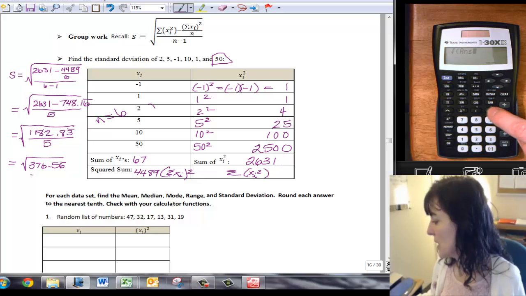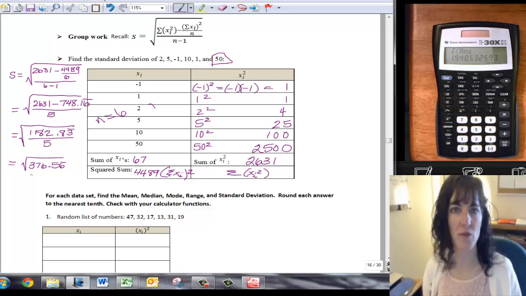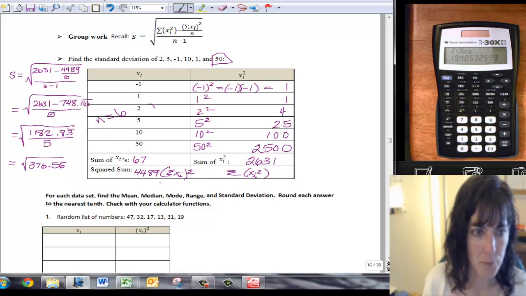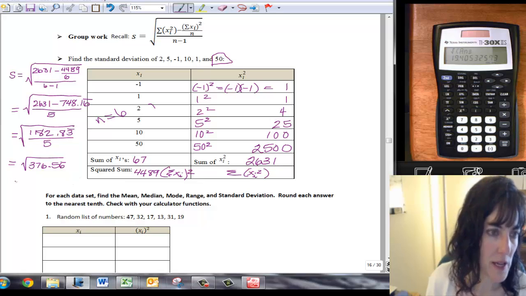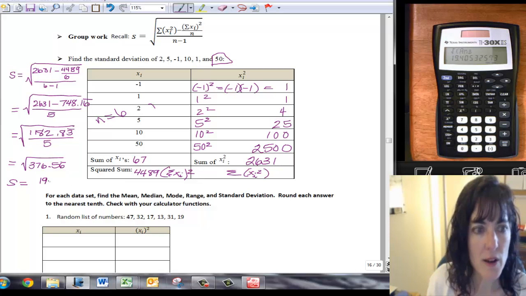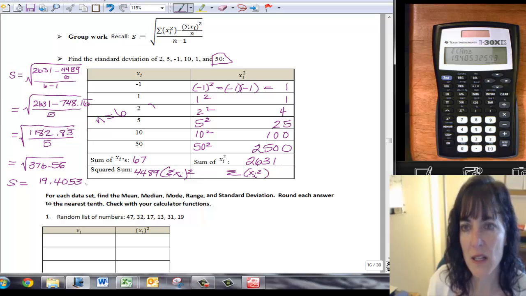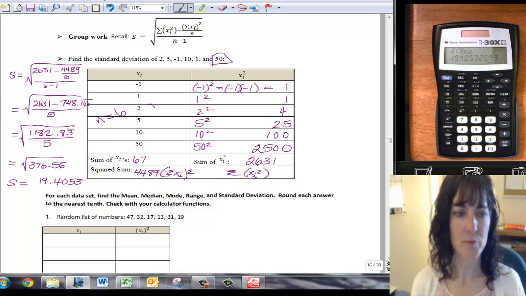Then I can push that right parenthesis, but it'll still work if I don't, so I can just push enter. And my S comes out to 19.4053, and the next digit's a 2, so I'm just going to leave it as a 3.